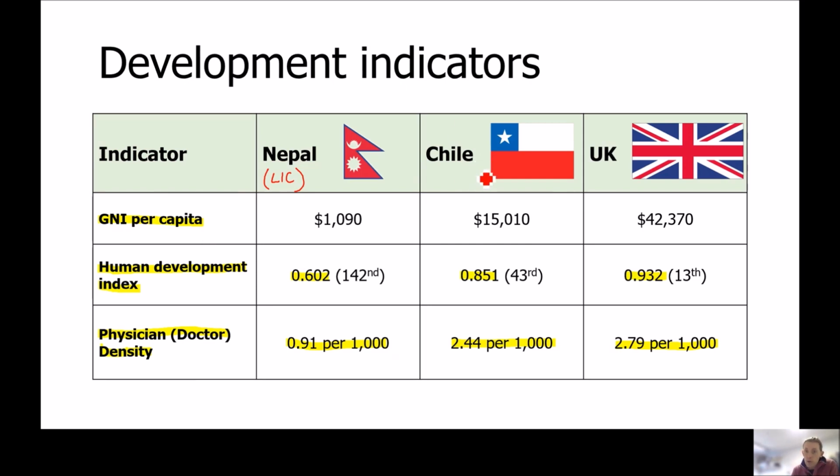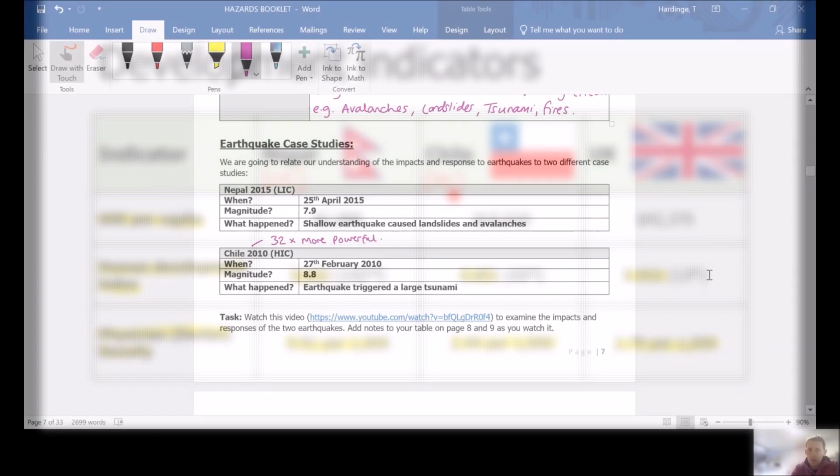Chile, on the other hand, although it's not quite as developed as the UK, the GNI per capita isn't quite as high and the Human Development Index isn't quite as high, Chile is still classified as a high income country. And what we're going to do now is examine the impacts and responses in those earthquakes. And in the back of our minds, we want to be considering how those impacts and responses vary between countries.